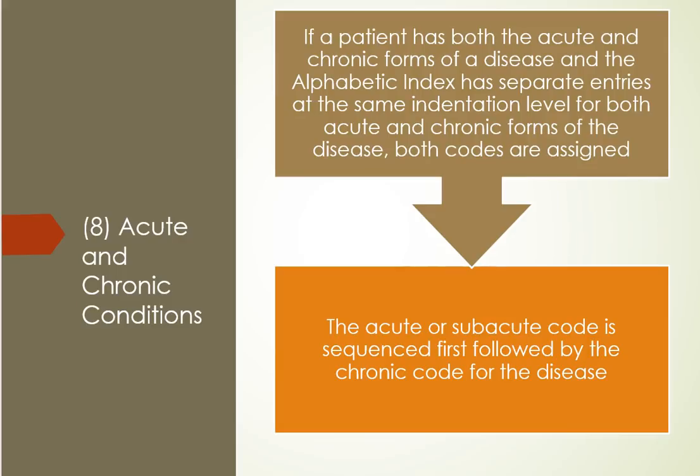Now, as you know, an acute condition is something that's happening right now, whereas a chronic condition is something that is present over a period of time. It's a long-term condition.